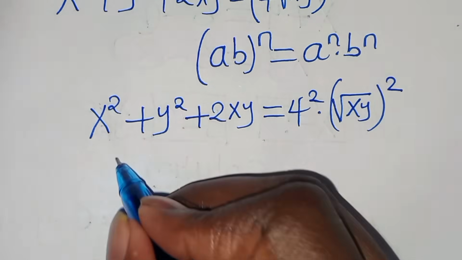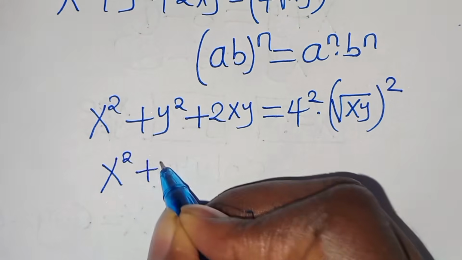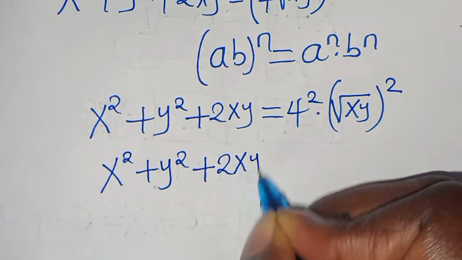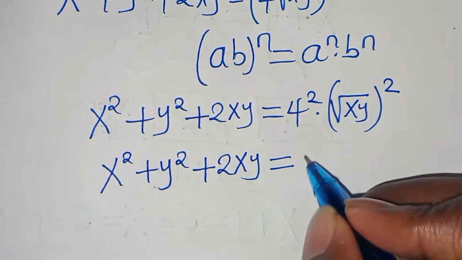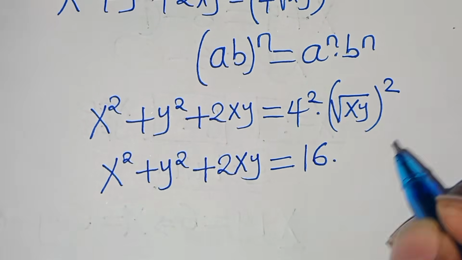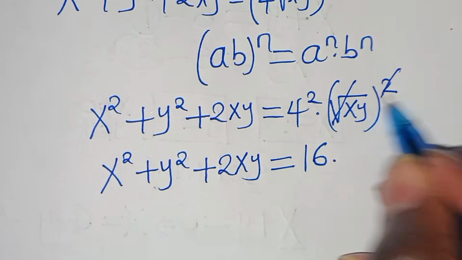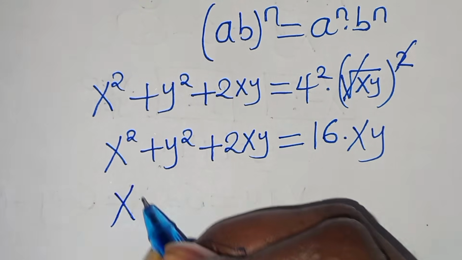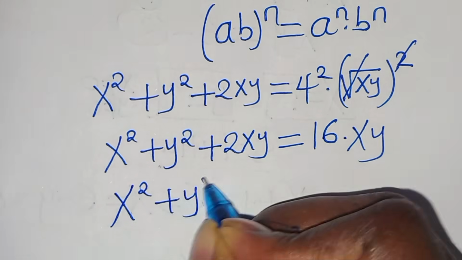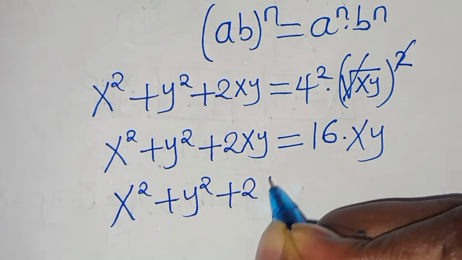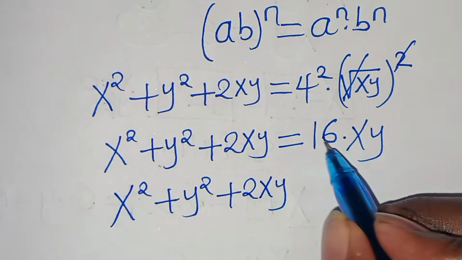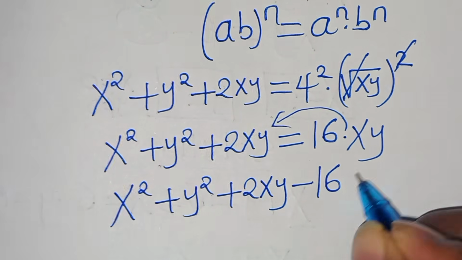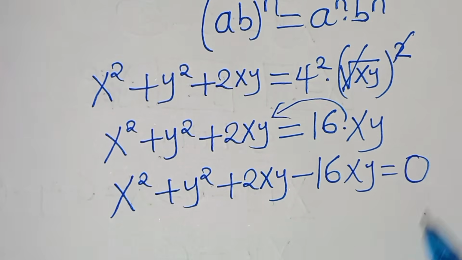So x squared plus y squared plus 2xy is equal to 4 squared, which is 16, multiplying by, now let's eliminate the square root sign here, xy. Now let's take 16xy to the left hand side, so minus 16xy, this is equal to 0.